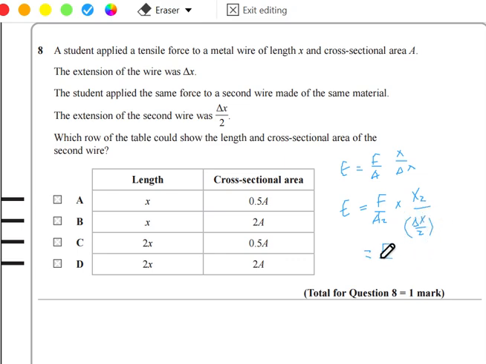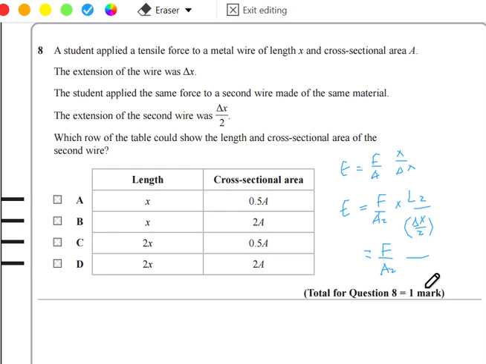This equals F over A2, and as the new length is twice, let us just name it L2, just not to mix things up.